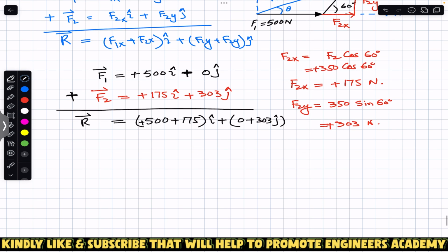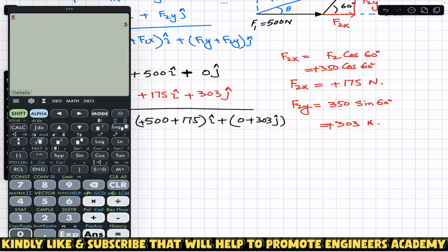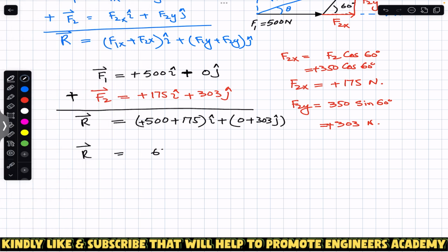So the resultant is equal to, 500 plus 175 is 675, so 675 i plus 303 j. So this is the vector expression of the resultant. This is the Cartesian vector representation of the resultant of those two forces which are applied to the sofa in order to relocate it.